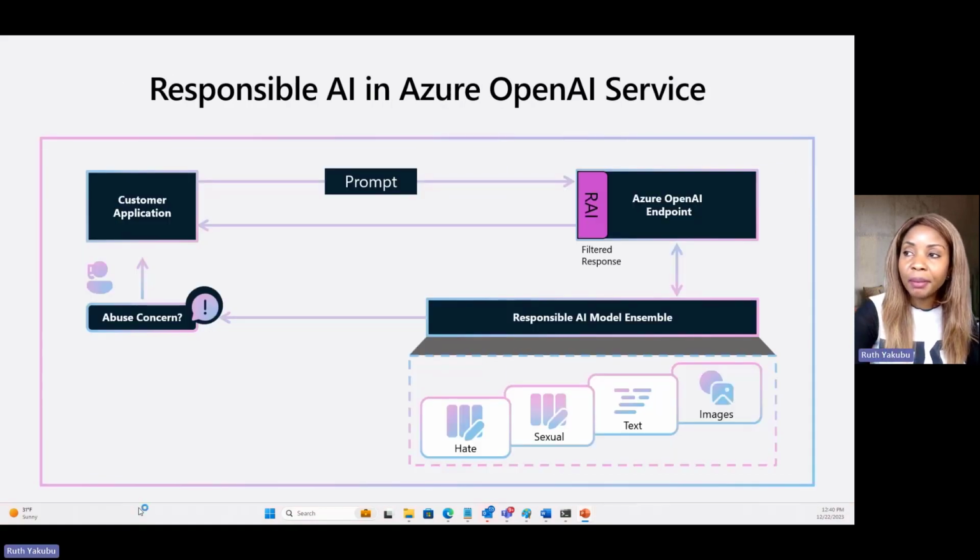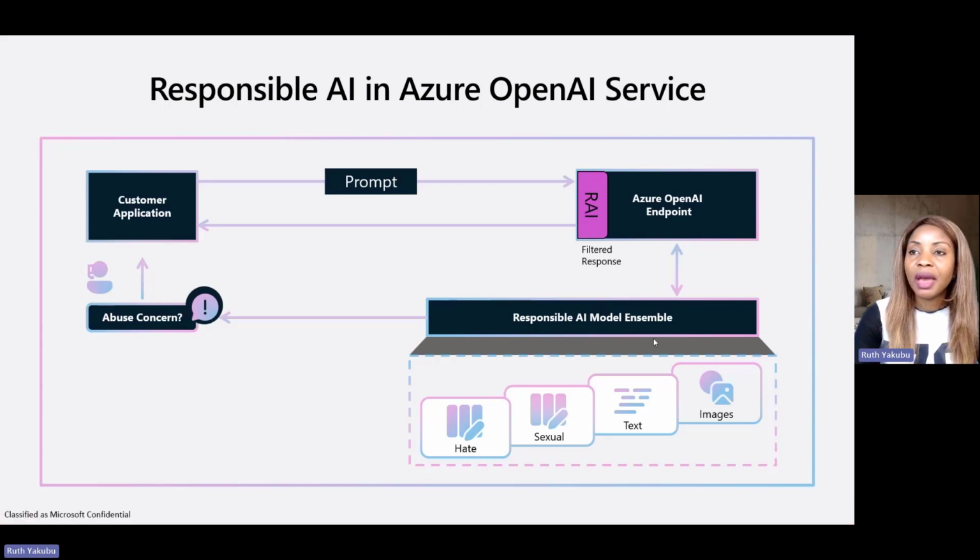So I think this is the last slide, basically giving you on a high level how Azure Content Safety comes into the picture. So you do have an application. It could be a ChatGPT or whatever AI application that you have enabled. The user submits a prompt inquiry. It goes to the Azure OpenAI endpoint.